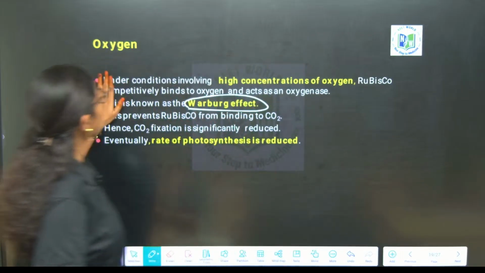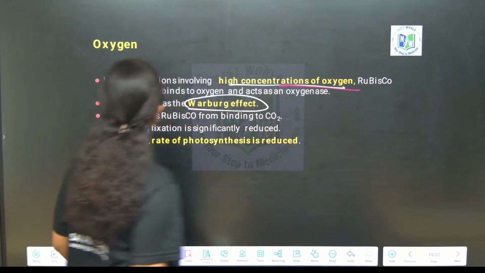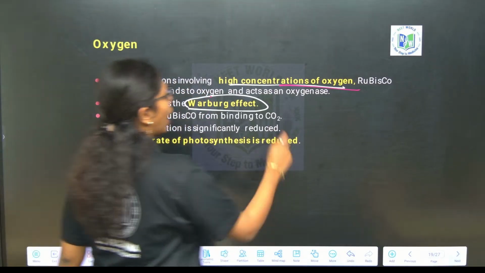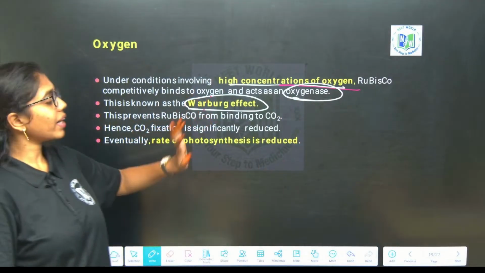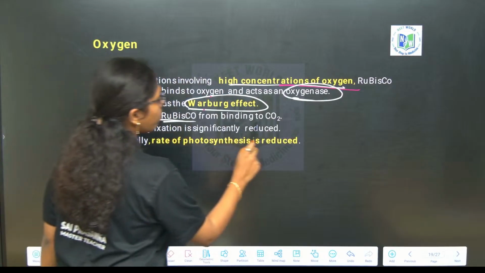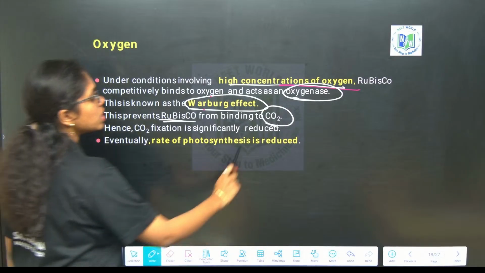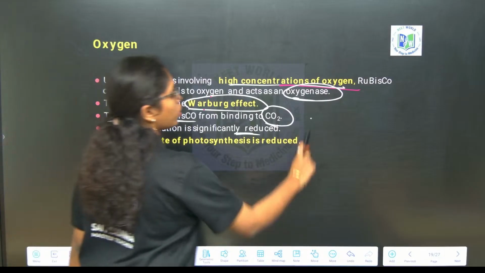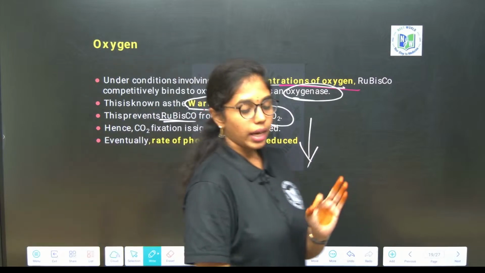Under conditions of high oxygen concentration, Rubisco competitively binds with oxygen and acts as an oxygenase enzyme. This is known as the Warburg effect. This prevents Rubisco from binding to carbon dioxide. Hence, carbon dioxide fixation is significantly reduced. Eventually, the rate of photosynthesis is also reduced. Understood the Warburg effect? Any doubt anywhere?